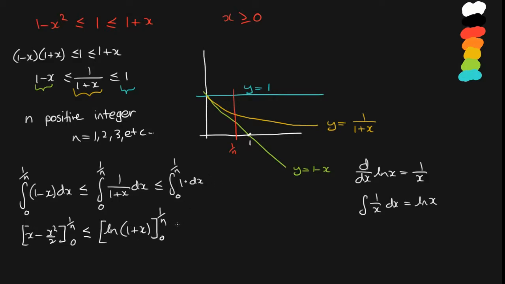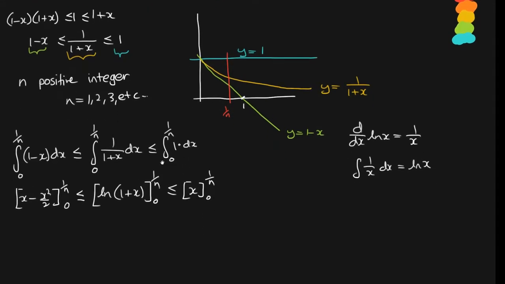It doesn't affect the derivative, chain rule. Now notice when we sub in 0, that becomes 0 minus 0, 0. This becomes log of 1, which is 0. And then this will just become 0 to the 1 on n, which is 0.